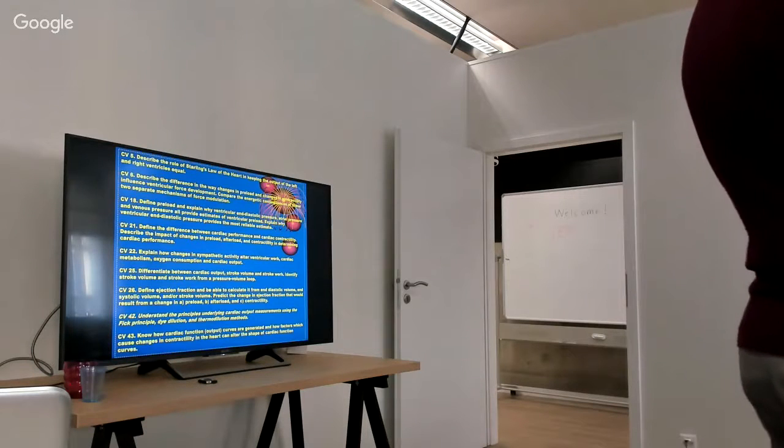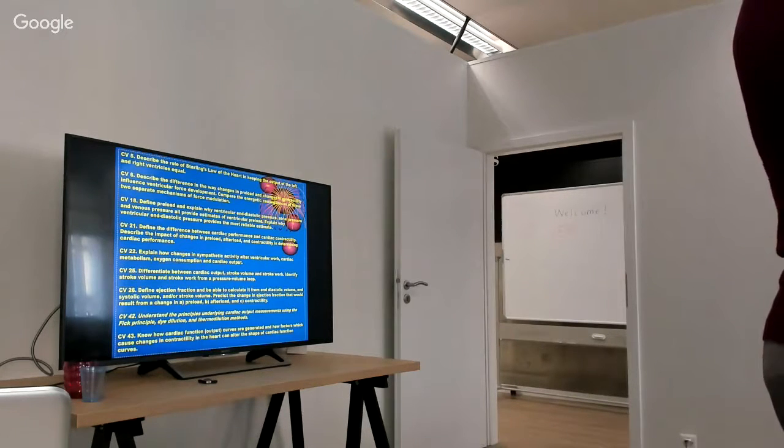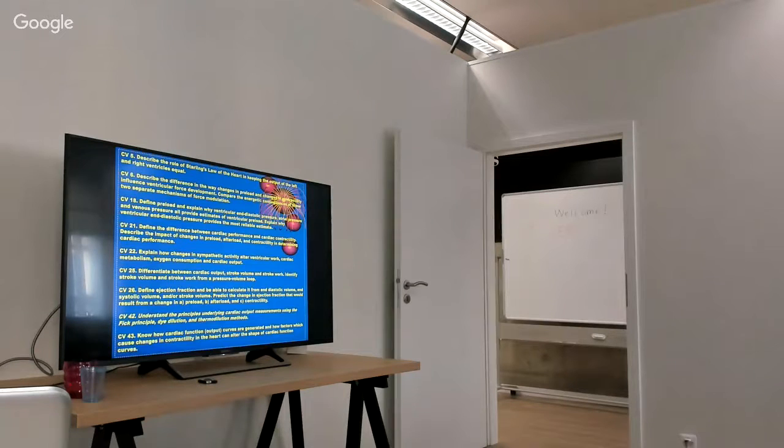The unit of time, usually we use 1 minute. How much is the cardiac output of a healthy person? Not 70, that is the stroke volume of 70 milliliters.